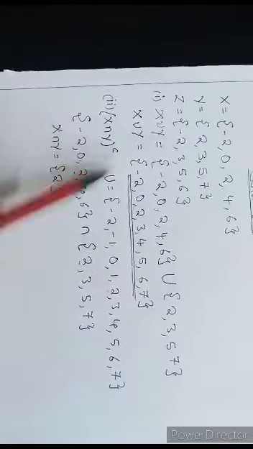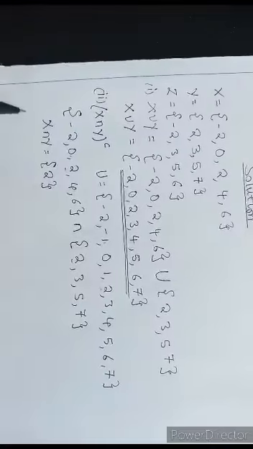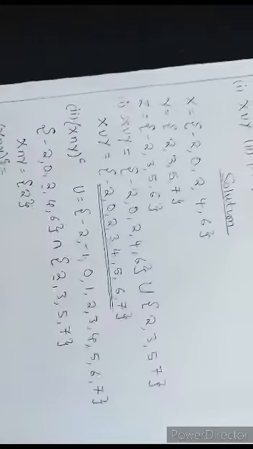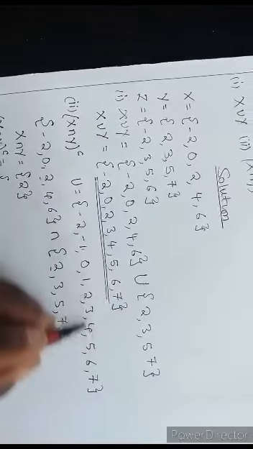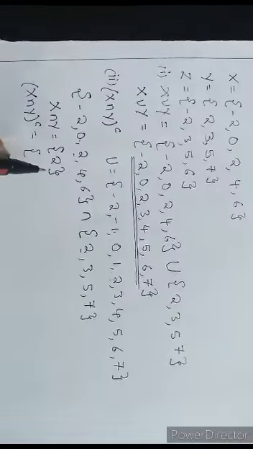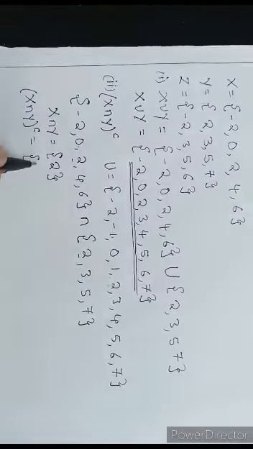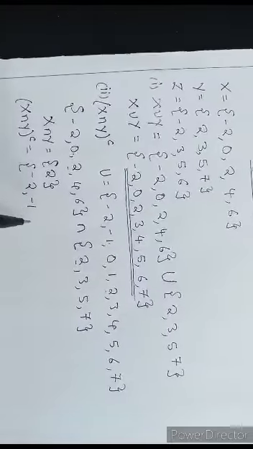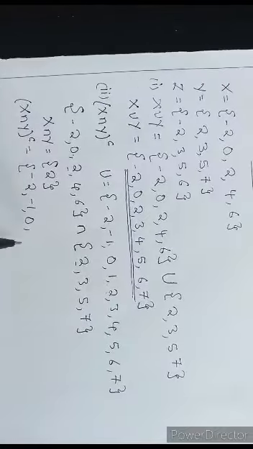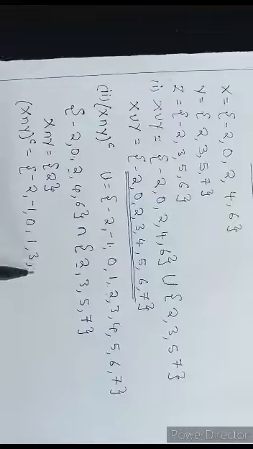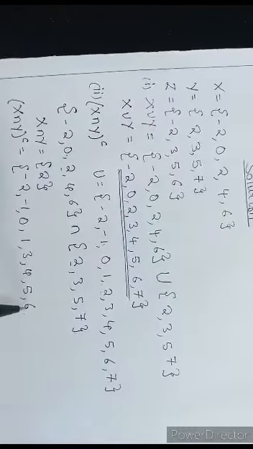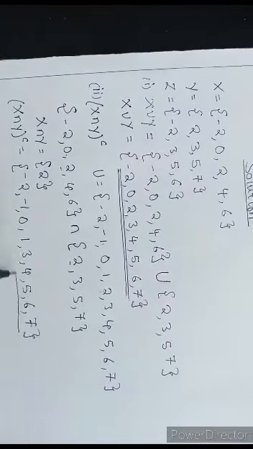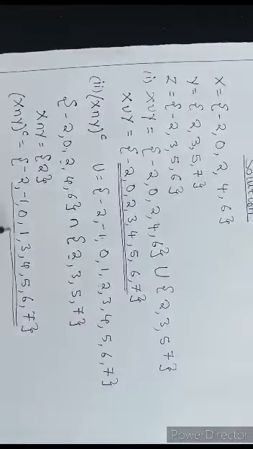So X intersection Y complement is equal to, listing all these and just removing 2 which is common, -2, -1, 0, 1, 3, 4, 5, 6, and 7. So this becomes our answer for the second question.